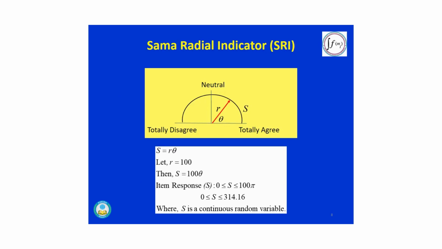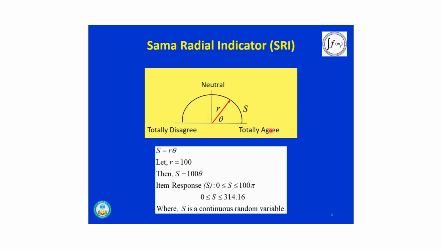The SAMA radial indicator is developed based on the properties of a circle, which we learned in school. If the angle is measured in the anticlockwise sense, in either degrees or radians, the arc length S and angle theta relate to the radius R in this way: S equals R theta.